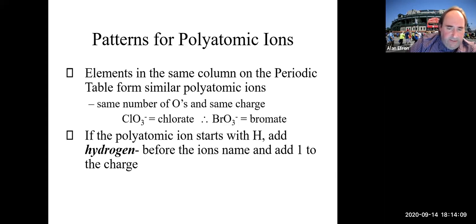And that's what I also said. Again, you could substitute out something like chlorate. If you just put Br in there, it becomes bromate. If you had I in there, like IO3 minus, it would be iodate. So it's named very much like it. And again, if you add an H plus in front of one of those polyatomic ions, you put hydrogen in front of it, or that is where they sometimes will use bi instead of hydrogen.